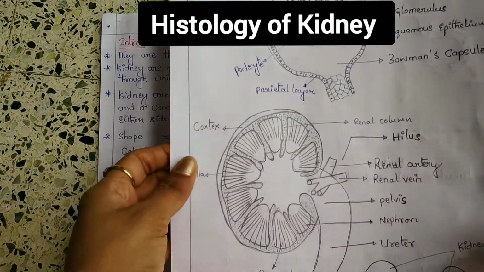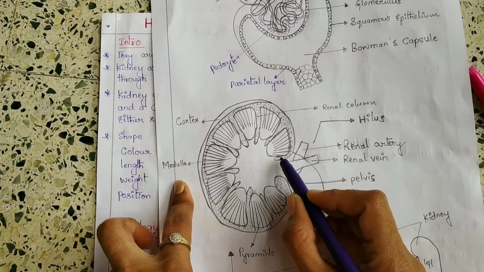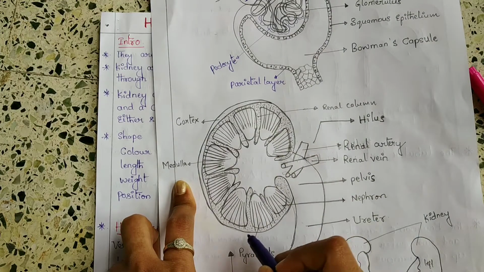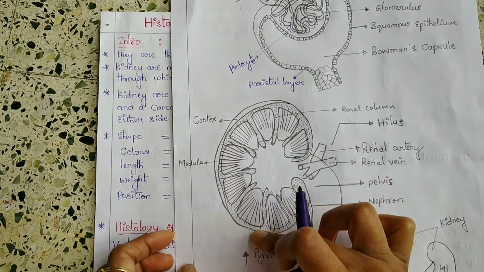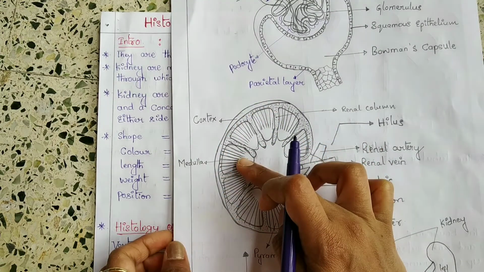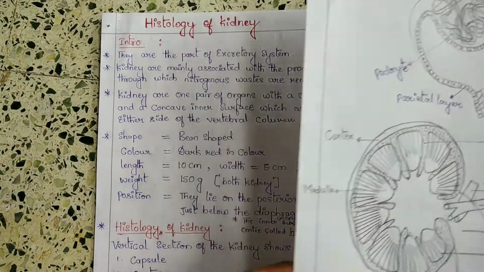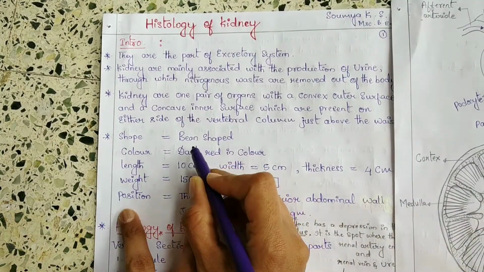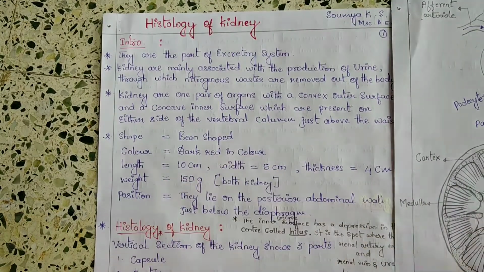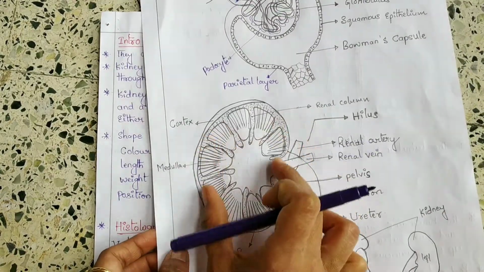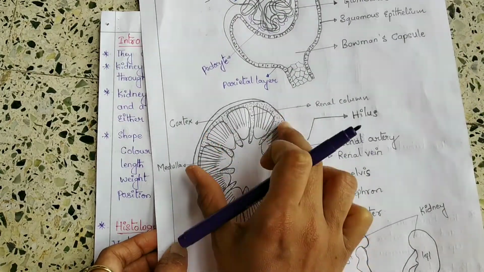The kidney structure is bean shaped, the outer surface is convex and the inner surface is concave. You can see it is like a bean.